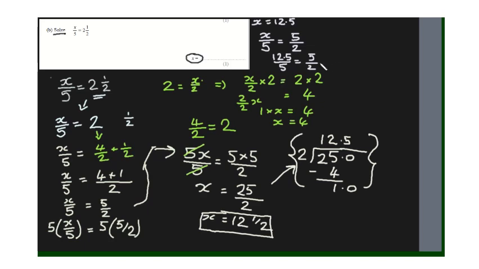Times them both by 2. That'd be 25 divided by 5 equals 5, which is true. Therefore, x equals 12.5.